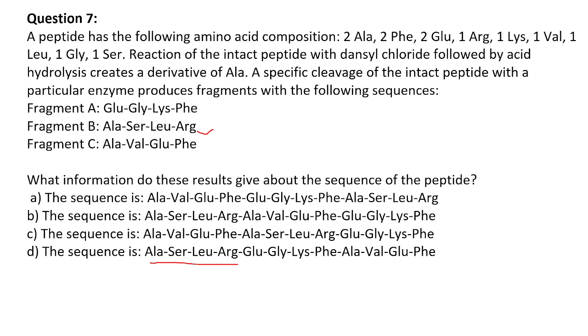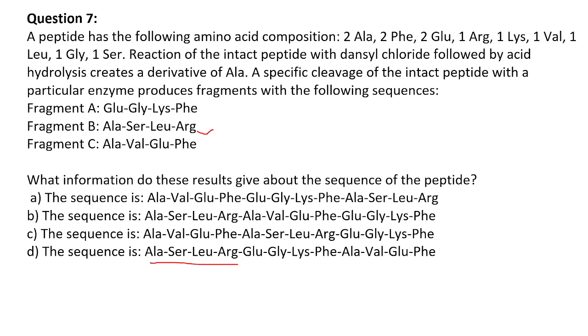Yes, so if you have dansyl chloride, it will react with the N terminus, and followed by acidic hydrolysis, it will release this conjugate of the amino acid at the N terminus. So according to the question, the amino acid at the N terminus will be alanine.